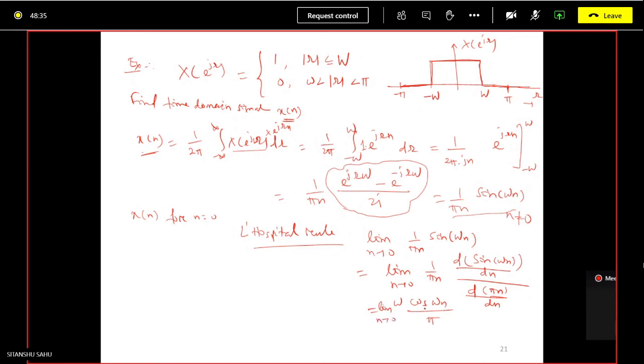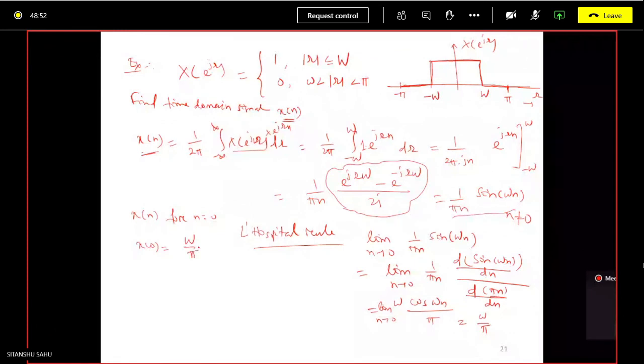So if n tends to 0, cos of 0 is nothing but 1, so I'll get w by pi. Okay, so that means the value of x of n at n equal to 0, that is x of 0, is nothing but w by pi. Okay, so now this is the function, inverse DTFT of the function X of j omega given like this.